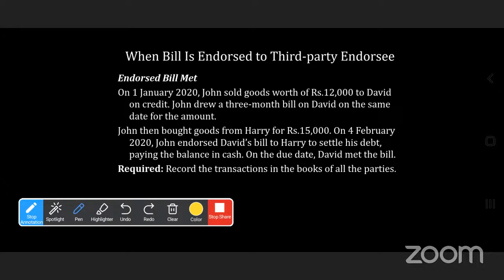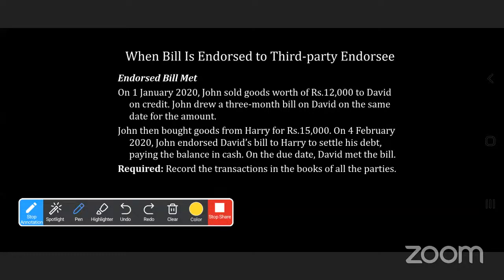On 1st January 2020, John sold goods worth rupees 12,000 to David on credit. On the same date, John drew a 3-month bill on David for the same amount.